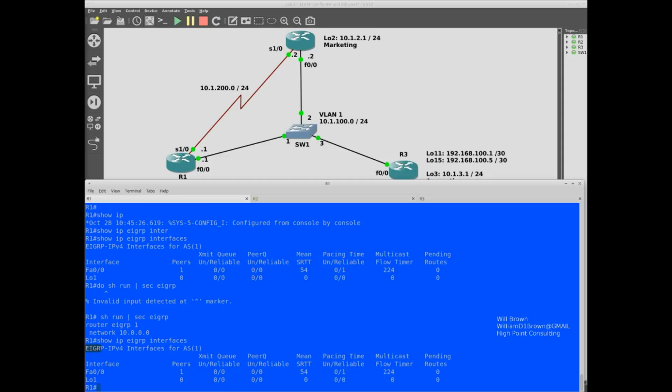It says EIGRP IPv4 interfaces for AS 1, Autonomous System 1, and that is the interfaces of FastEthernet 0/0 and loopback 1.